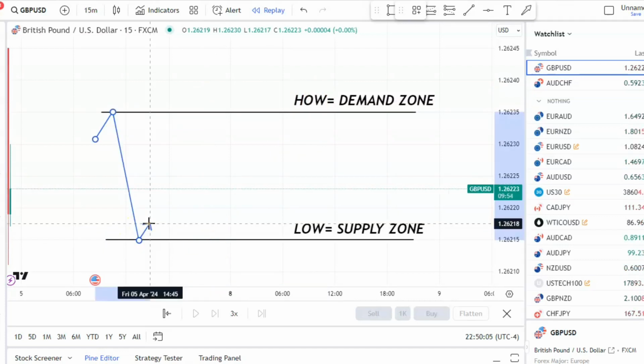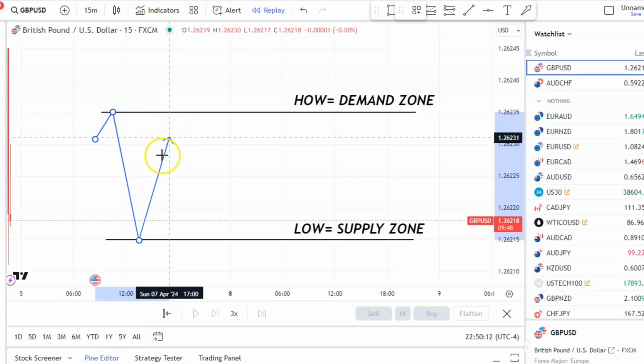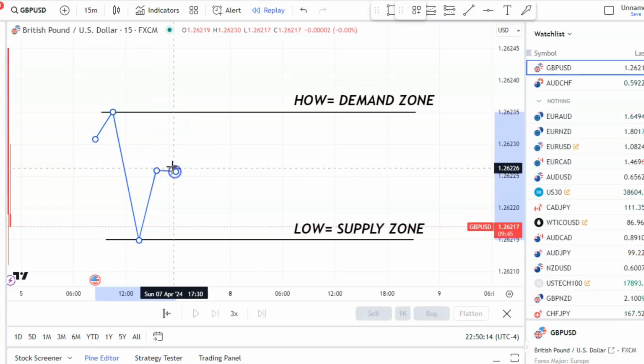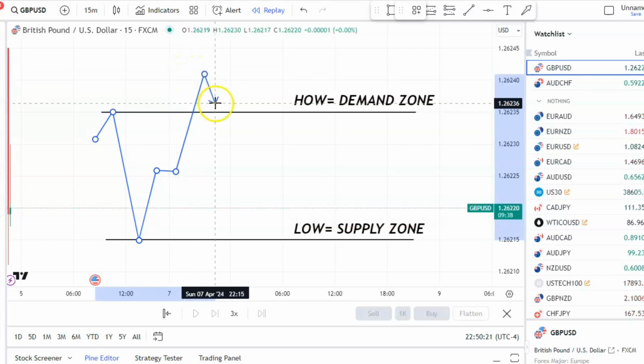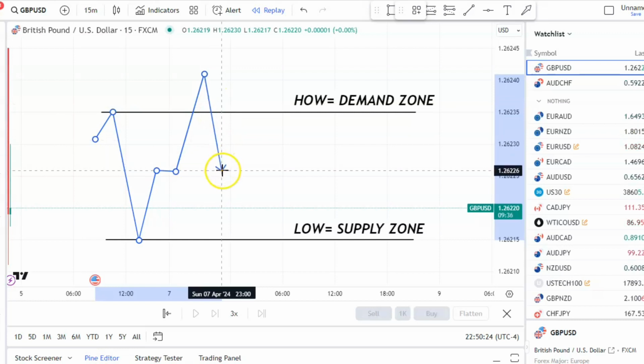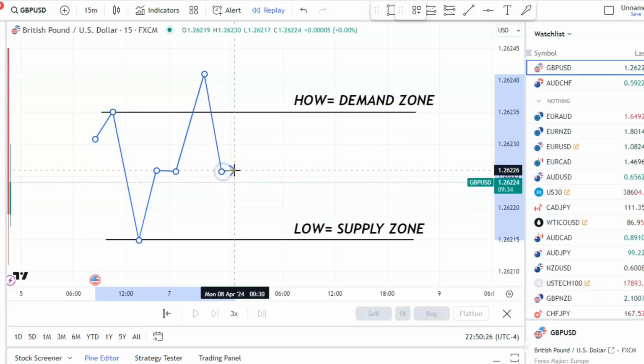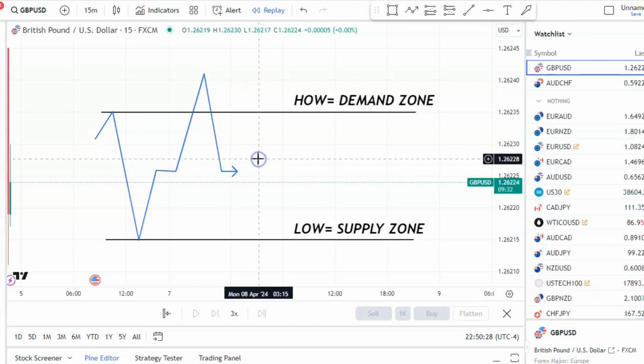Monday is the first day of the week. So obviously, the high and the low of the week will be set on Monday. Now, on Tuesday, price might break out. So if price breaks out on Tuesday, and then at the end of the day, price closes back inside of the range like that, then I know that the demand zone is ready and I am preparing myself to start selling.